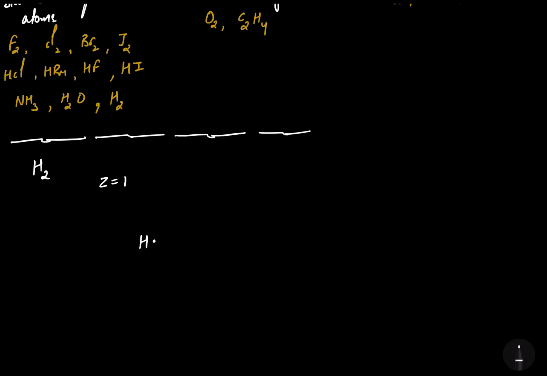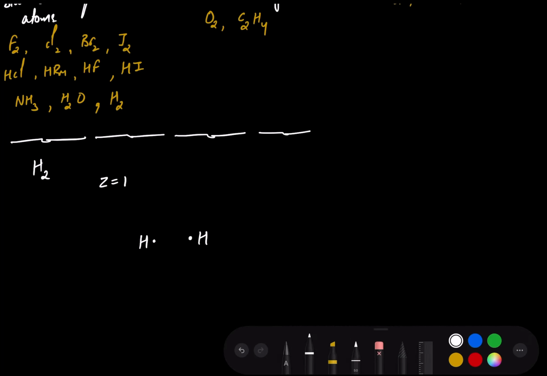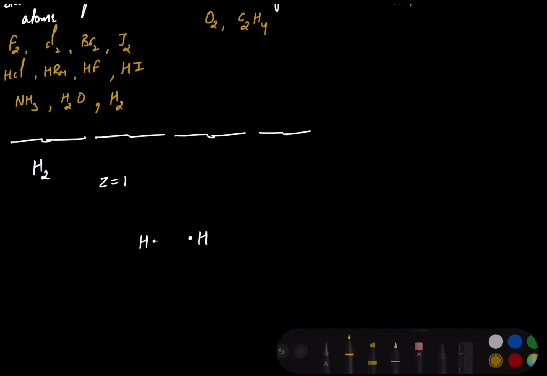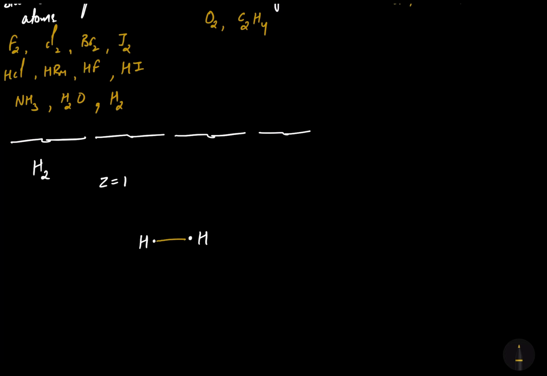This is the Lewis symbol of hydrogen. The other hydrogen will also have 1 electron in its valence shell. Now hydrogen wants to achieve only 2 electrons in its outermost shell. So both hydrogen atoms will share 1 electron with each other to achieve the stable nearest noble gas configuration of helium.